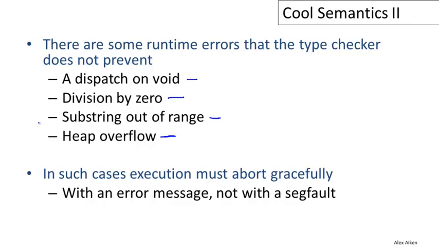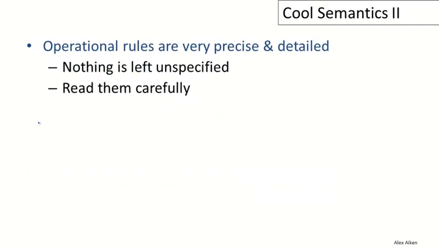To summarize the material in the last couple of videos, the operational semantics rules are really very precise and detailed. If you understand them, then you really understand how to implement a correct Cool compiler. The rules are complete enough and give you enough detail that you really can't go wrong if you just implement what the rules tell you to do.